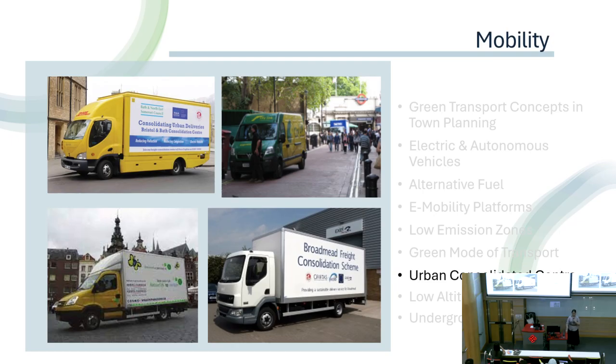With the low emission zones, we also need to consider how we do delivery. As I said before, the heavy goods vehicles or the diesel vehicles can't go into a boundary within the city. So how would they make the deliveries into the cities themselves? This is where we have the urban consolidation centers. We're trying to bring all the heavy vehicles into one location and have that single location be the distribution point.